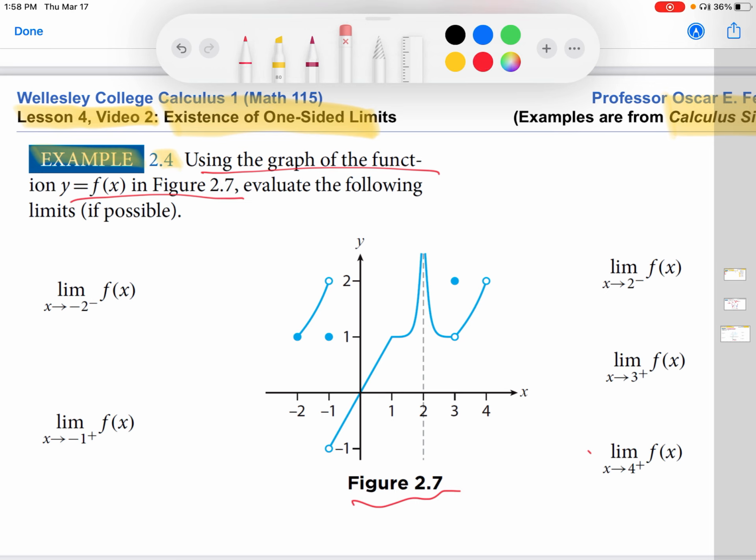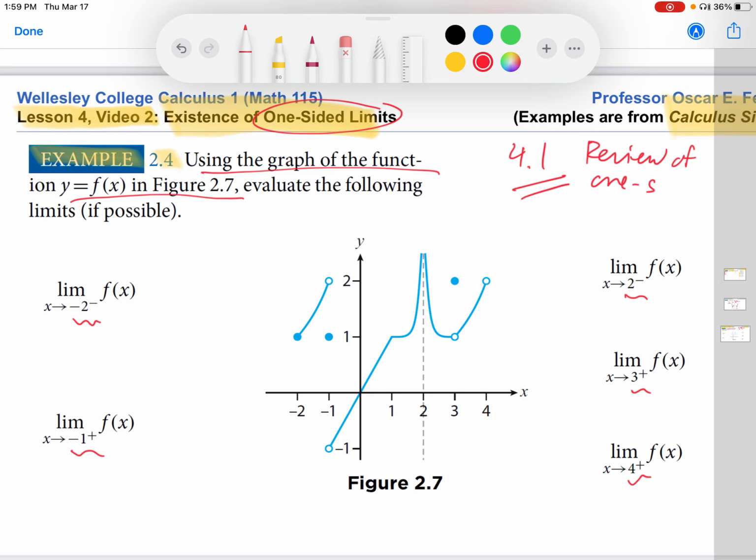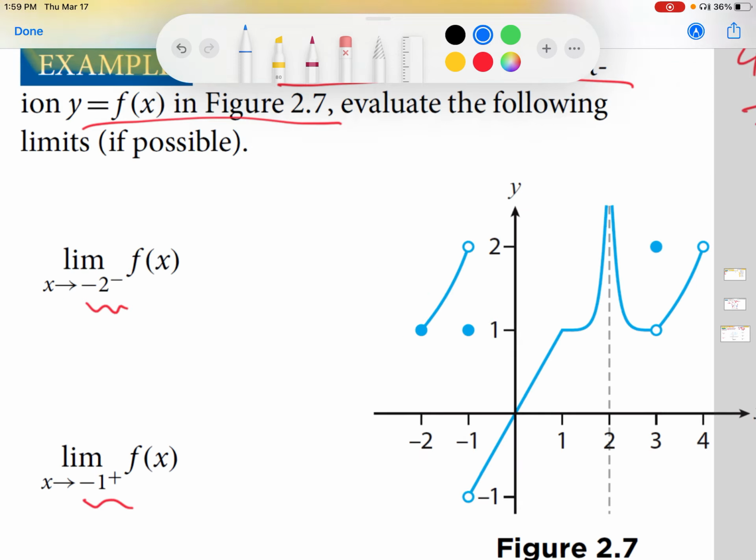Great, so let's look at the limits that we are given. All of these limits, because we're talking about one-sided limits, are one-sided limits. I just want to point that out. And again, in the previous video, video 4.1, you might want to review that. As a very quick 10-second review, I'll zoom in here.